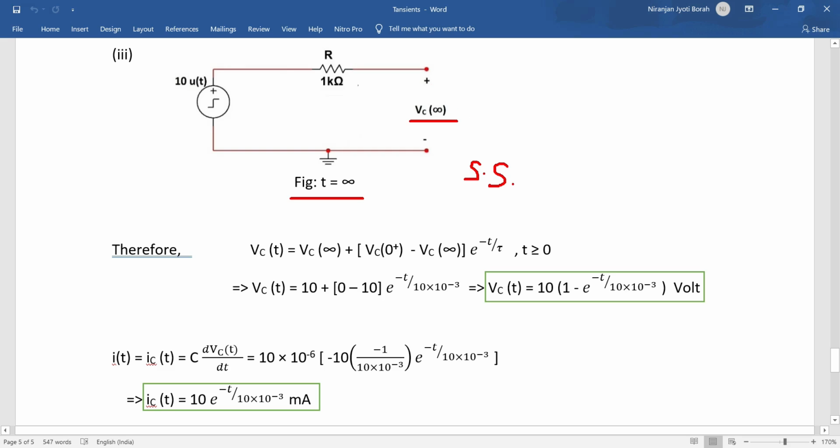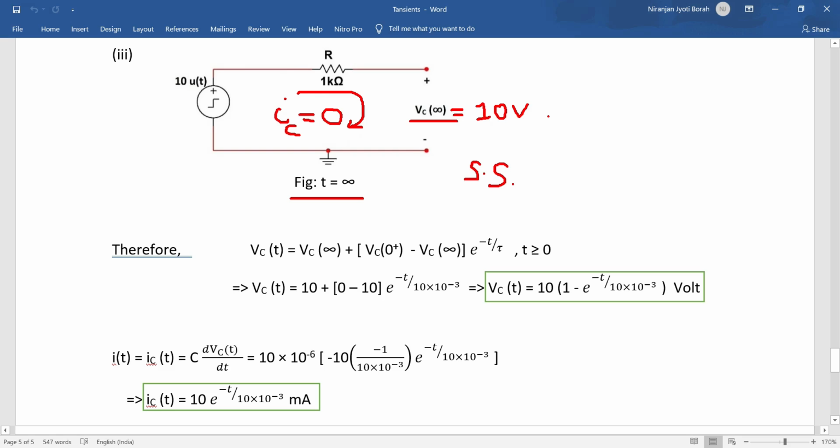So no current will be flowing through this circuit, and the drop across this resistor will be 0. And the whole source voltage will be dropping across the capacitor. Therefore, Vc of infinity will be equal to 10 volts.